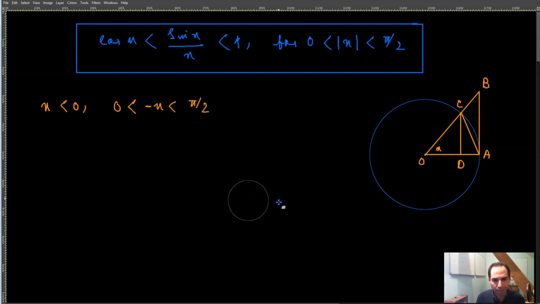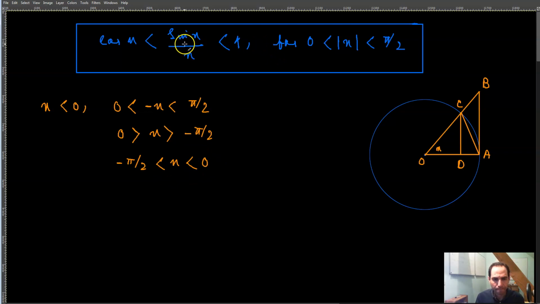Multiplying by negative 1, you get 0 greater than x greater than negative pi by 2. Written the other way around, negative pi by 2 is less than x less than 0.